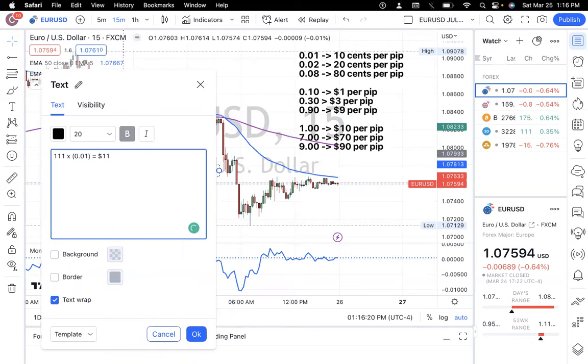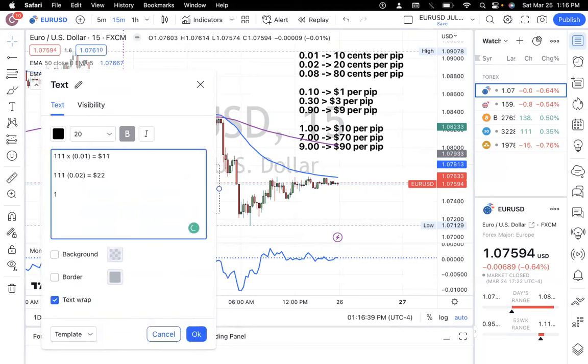If 111 pips was our profit target, and we had the same amount of pips but were using a higher lot size, let's say 0.20, then from our example, we could have potentially walked away with $22.